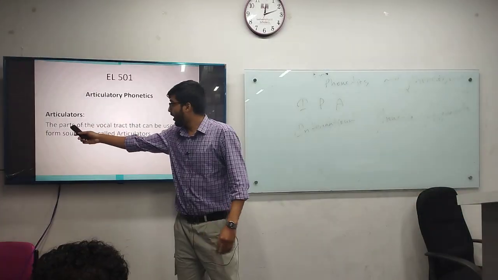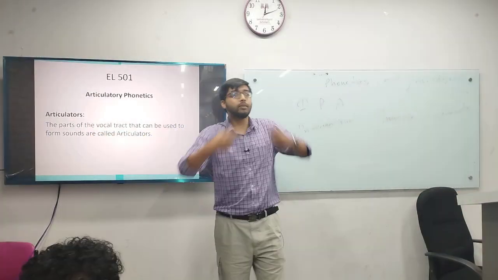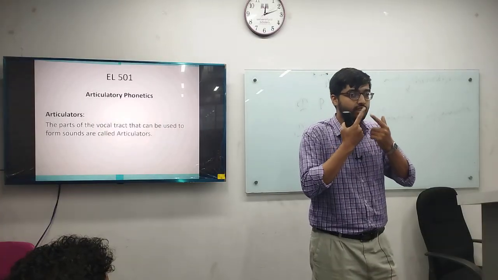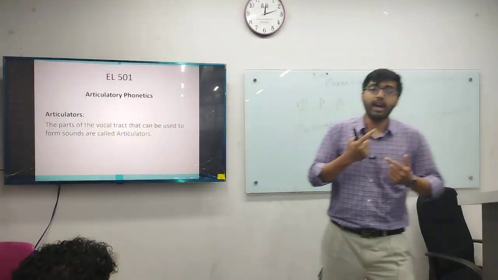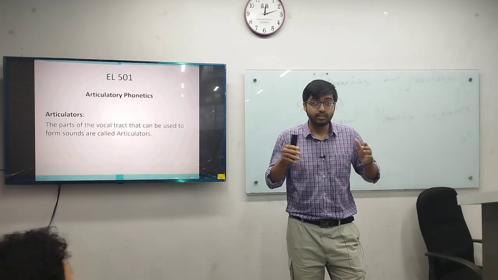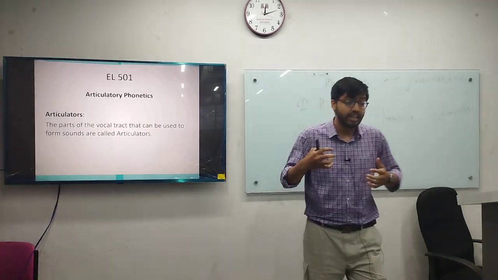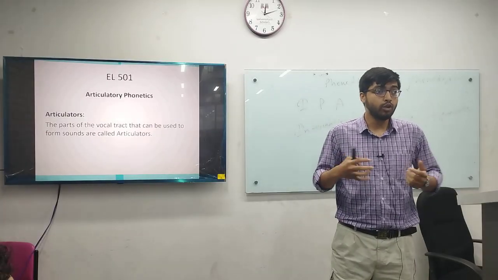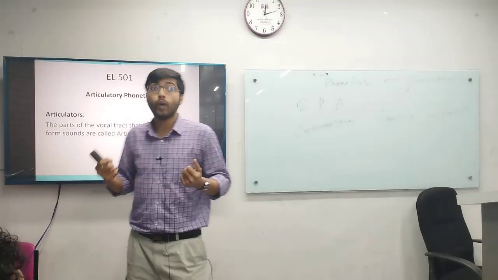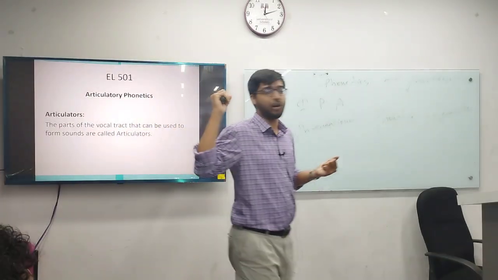Okay, the parts of the vocal tract. Vocal tract means here, this part: mouth, teeth, lips. As I've said earlier, this course is going to be an interactive course. You also have to participate.